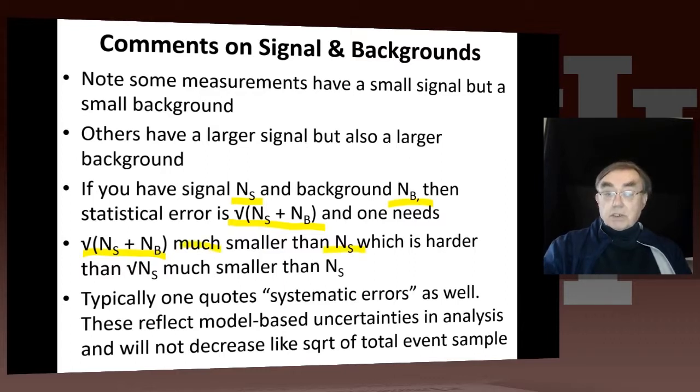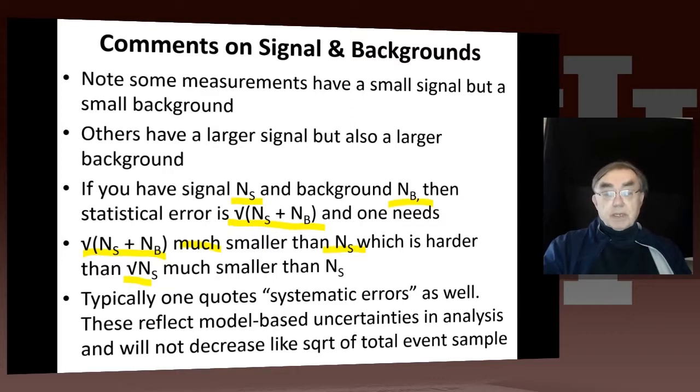And as you nearly always will have background, this is a much harder problem than making the square root of the signal smaller than the signal. So, I don't know, probably 50 events, or let's say 49, the square root of that is 7. That's pretty significant if there was no background. But if the background is bigger than the signal, as we saw for the CMS data, you need thousands of events in the signal to distinguish it from the background.